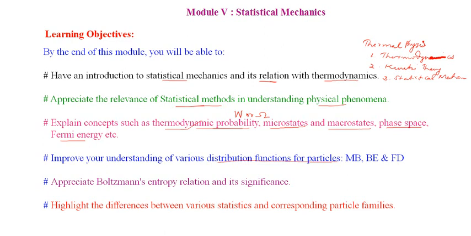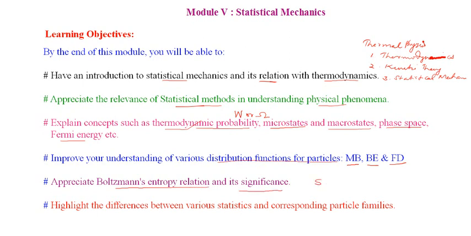We had mentioned these distribution functions in the perspectives of physics, the Maxwell-Boltzmann, the Bose-Einstein, and the Fermi-Dirac distribution functions. We'll try to understand what actually these distribution functions represent. Also, you should be able to appreciate the Boltzmann entropy relation and its significance.